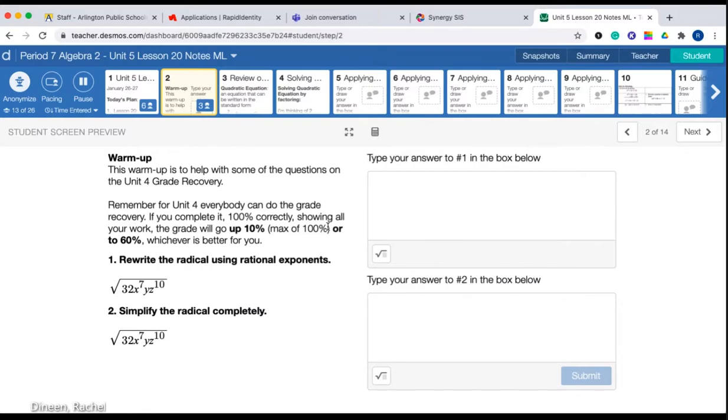So the first question is asking you to rewrite the radical using rational exponents. The second question is asking you to simplify the radical completely. When I was grading the assessments, I was very surprised at how many students did not read the directions and simplify the radical when they were asked to write in rational exponents and vice versa.